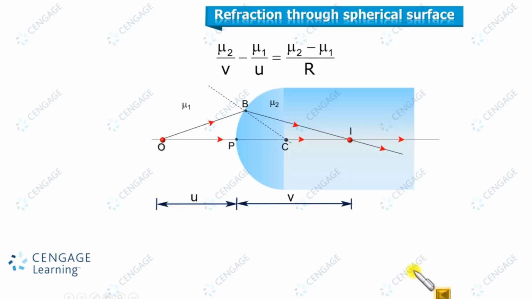Now let us learn the meaning of mu1 and mu2. Mu1 is the refractive index of the medium from where the ray is traveling before interacting with the curved surface, and mu2 is the refractive index of the medium where the ray travels after refraction through the curved surface.